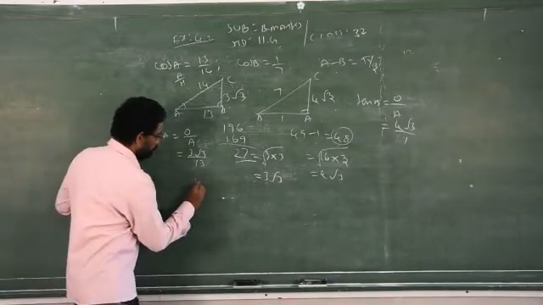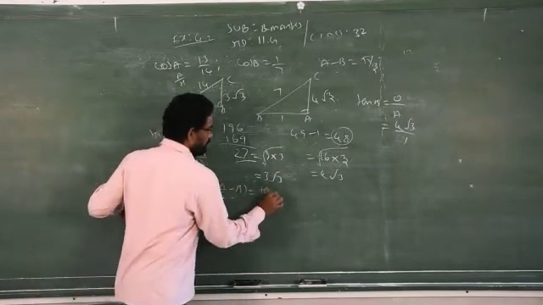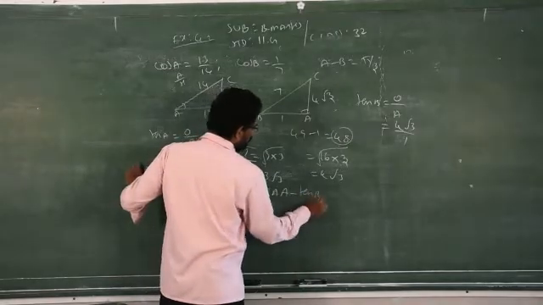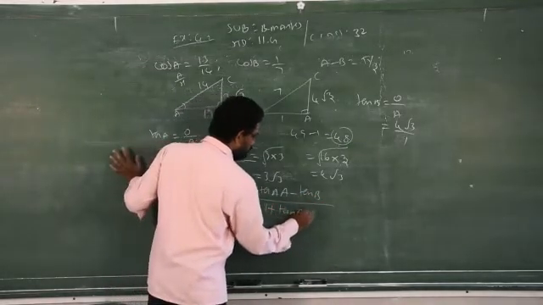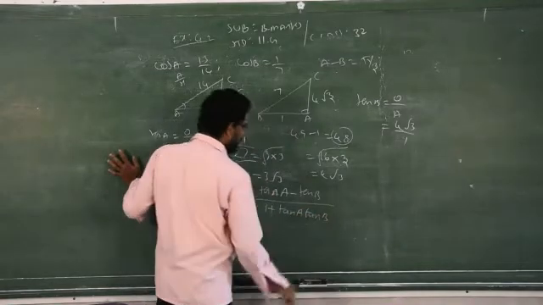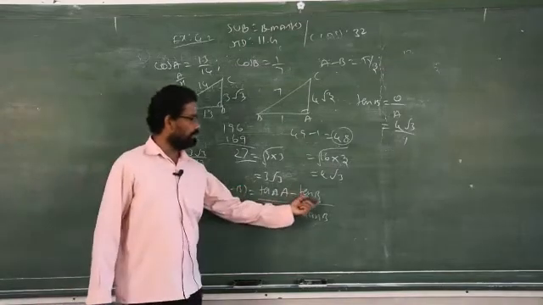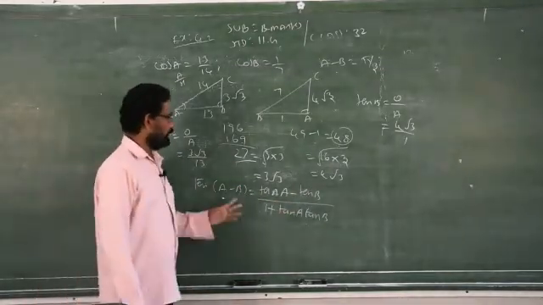Now tan A minus B is equal to tan A minus tan B by 1 plus tan A tan B. Just you have to replace in the place of tan A, in the place of tan B, and start to simplify, you will get answer.